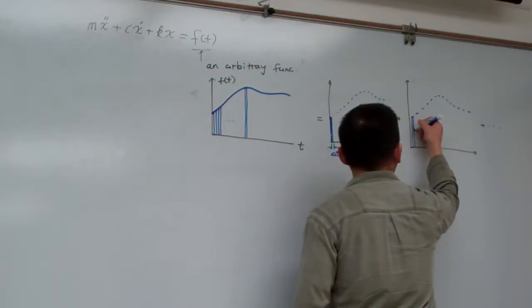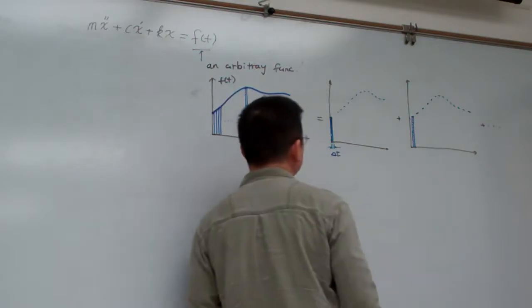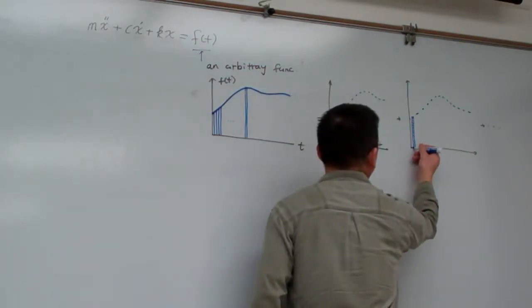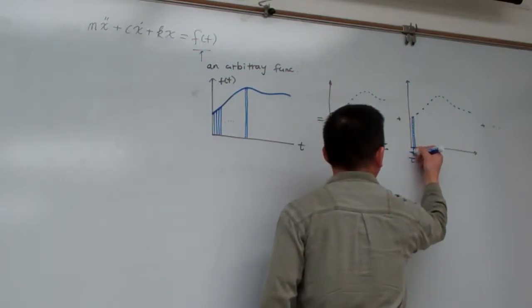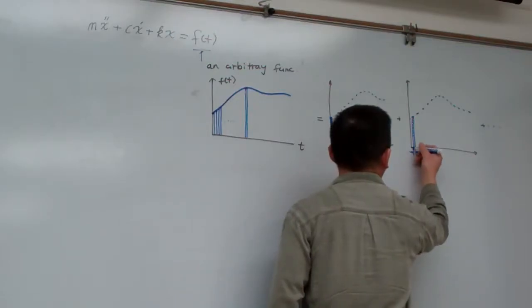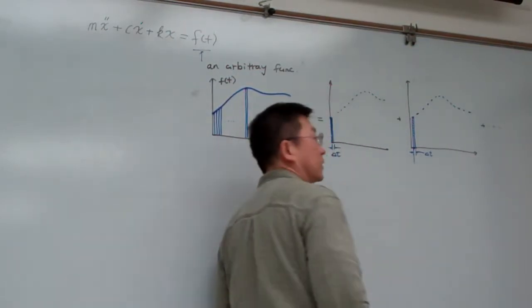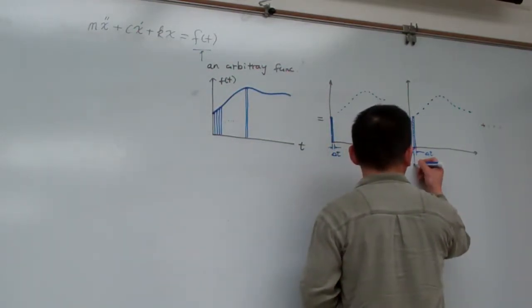This one happens starting from, for example, this is called tau, and the period is delta t. Tau is just an arbitrary time.